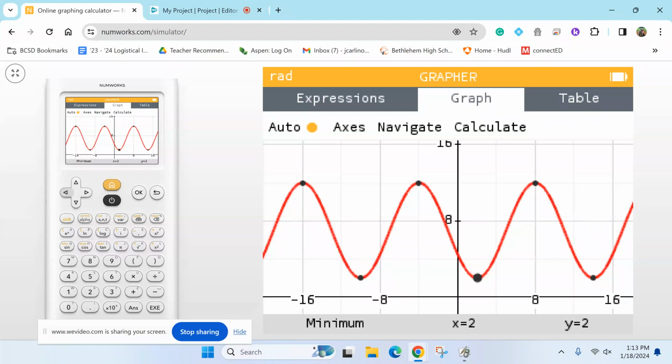My calculator says no valid function is turned on. We have it all typed in. But you were able to graph the first one?